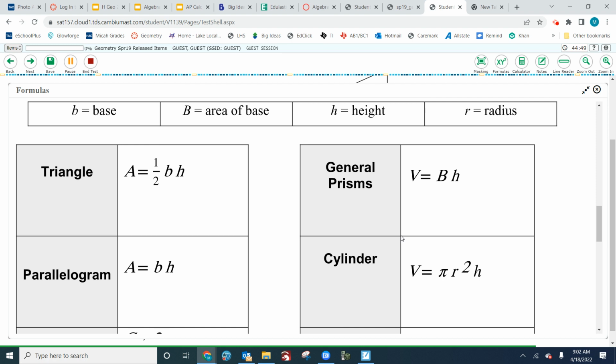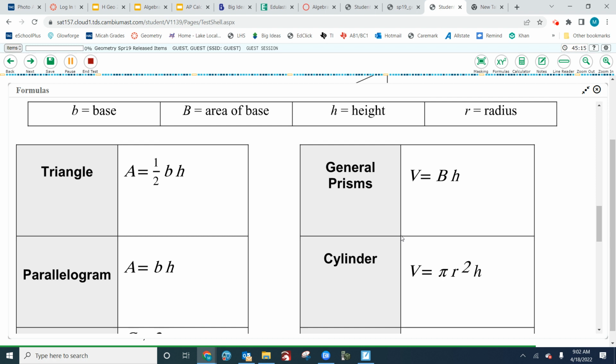Does the geometry test usually take the full 2 hours? It's changed over the years, and I don't know how to answer that now because every year they keep changing it, and I don't know if they're shortening it. I was told the history test this year was really short, like 20 minutes, and I don't know why. They don't really tell us much of anything.